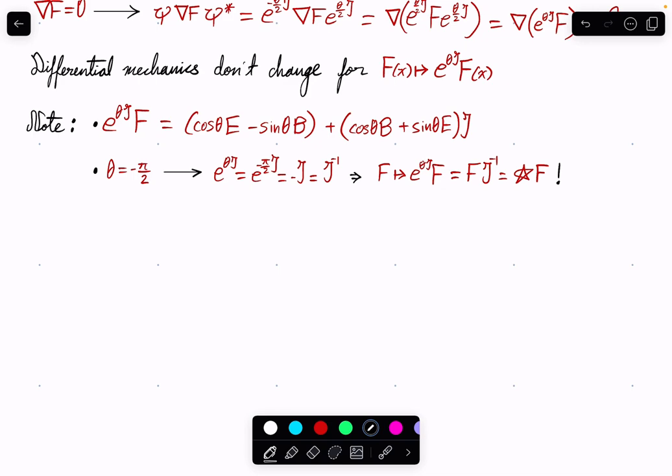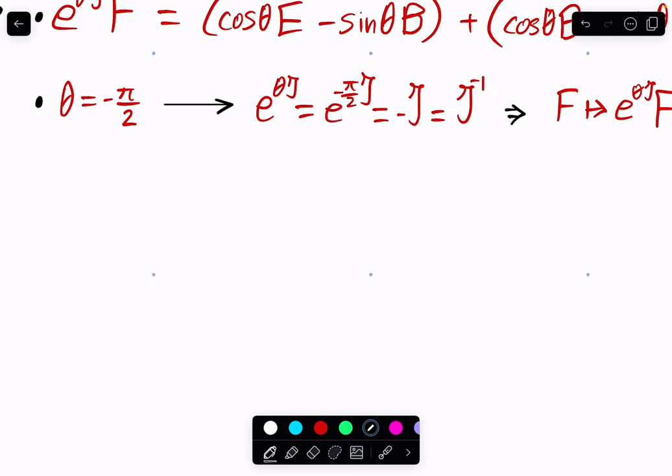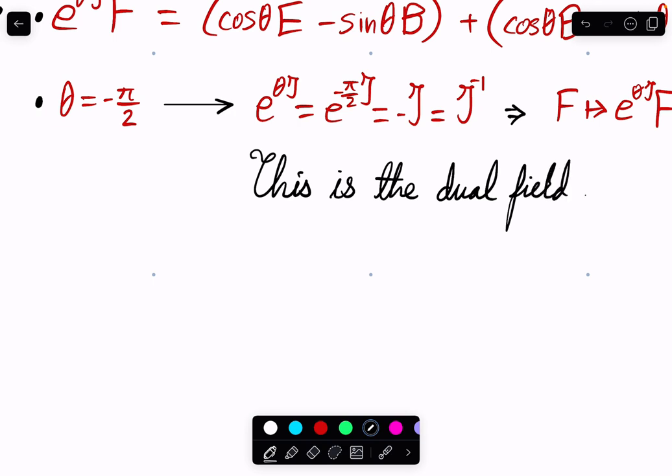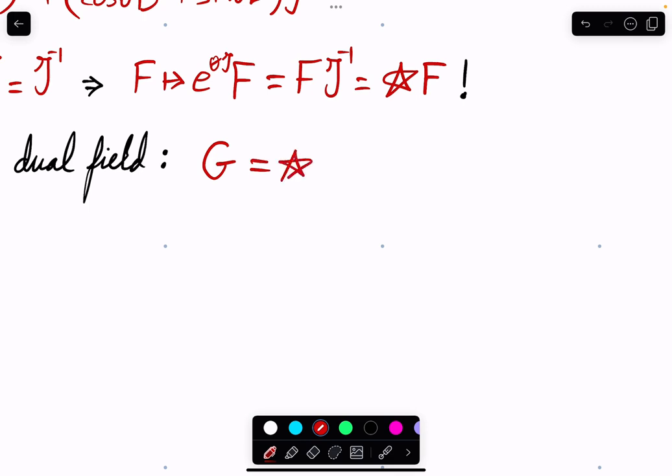When theta is equal to negative pi over 2, this is called the dual field, and it's called dual because it's the Hodge dual. It's typically written as G equals the Hodge dual of F, which is equal to B minus E times the pseudoscalar.